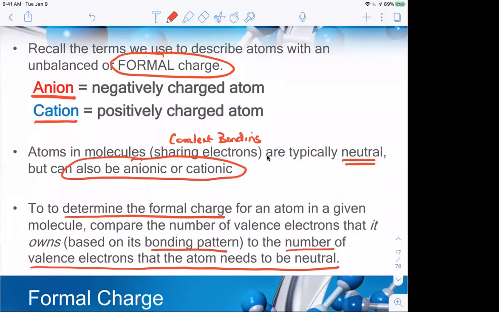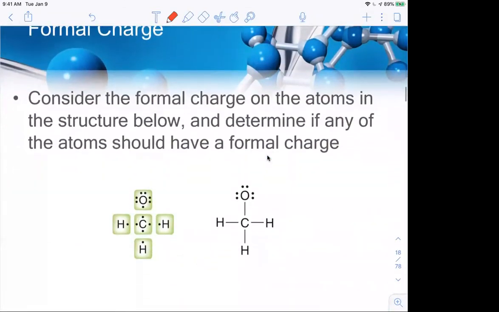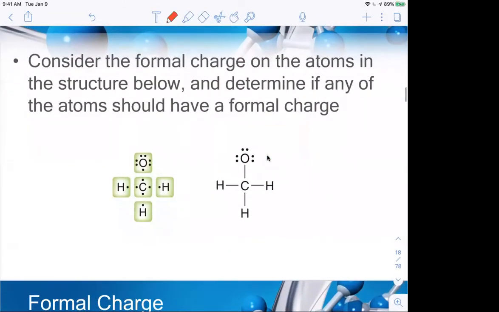I'm going to take the number of valence electrons that it owns based on the structure in the Lewis dot structure, and I'm going to compare it to the number of valence electrons from the periodic table. Again, I have a mini lecture on this topic if you need a more in-depth talk about this, but let's look at these atoms.